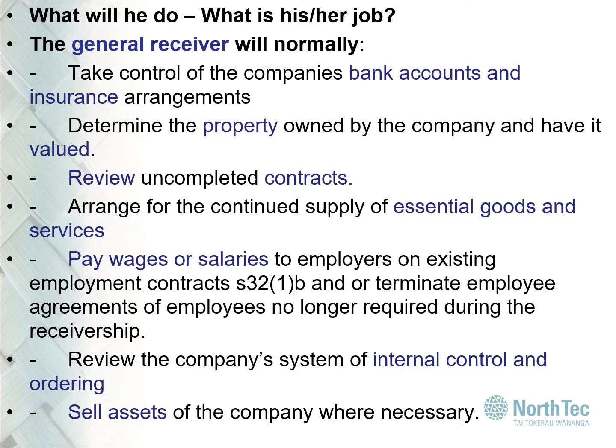When we think about the receiver, we might ask ourselves, what will he do? What is his or her job? The general receiver will normally take control of the company's bank accounts and the insurance arrangements. And then the next thing, and very important, he will determine the property owned by the company and have it valued.